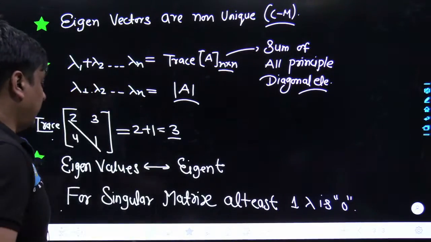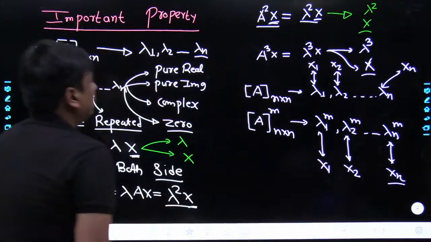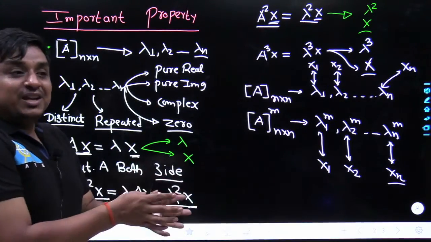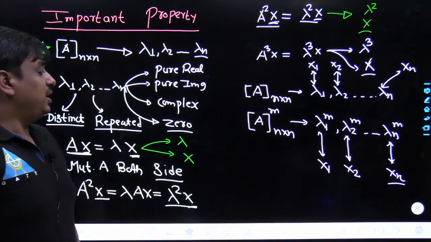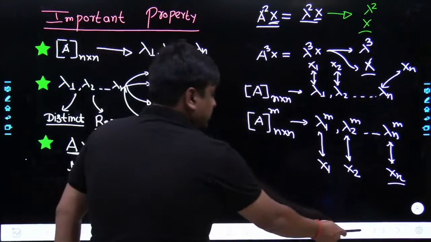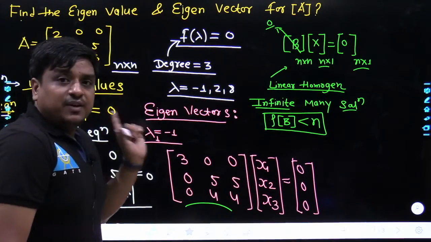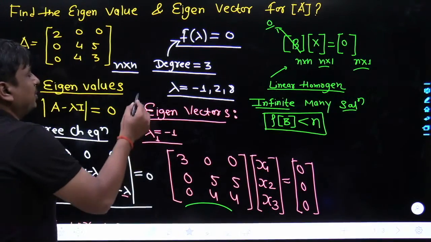Is this quite clear? I would just suggest keep this in your mind, and once we connect these properties with your core problem, you are definitely going to appreciate the concept. Even in the first question, when we took a problem of 3 cross 3, the same property is getting followed.